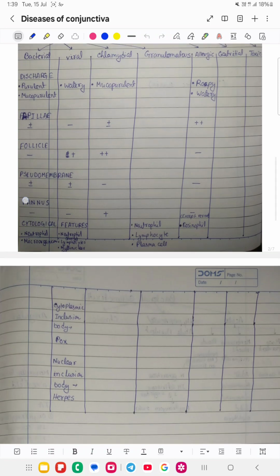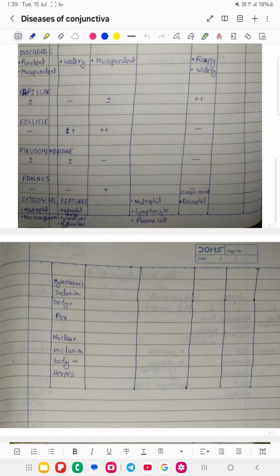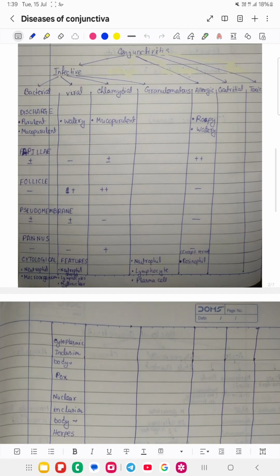Pseudomembrane may be present in case of bacterial and viral conjunctivitis, but it has to be absent in chlamydial and allergic conjunctivitis. Now, pannus. Pannus can only be present in chlamydial conjunctivitis and in a special allergic type, that is vernal conjunctivitis.